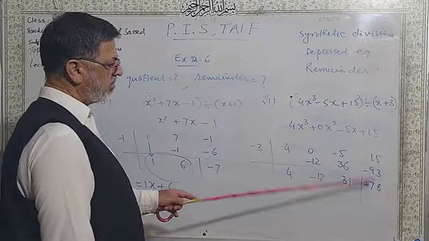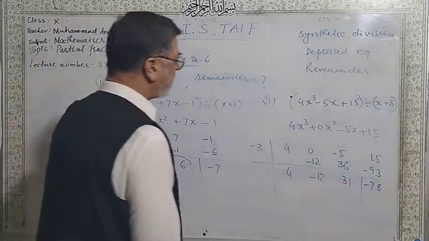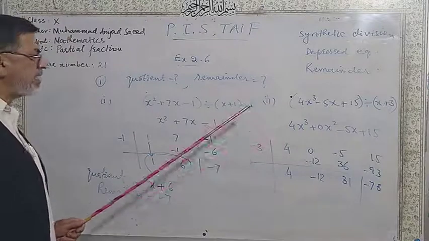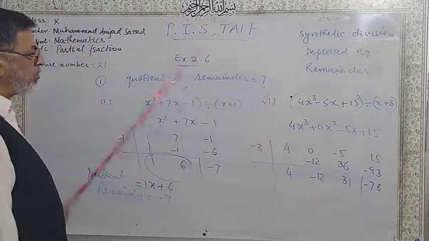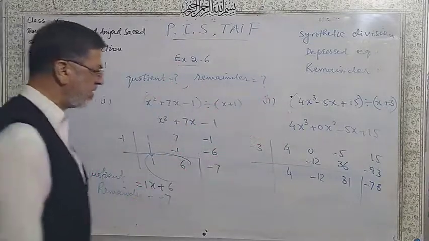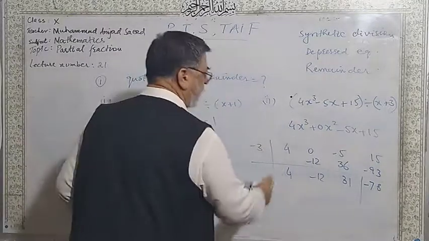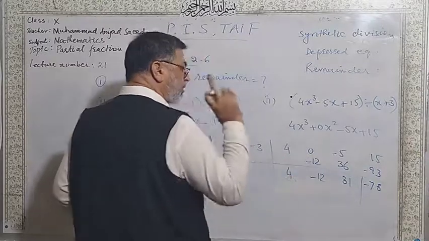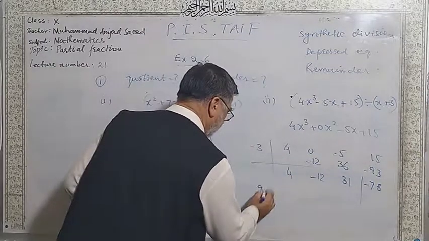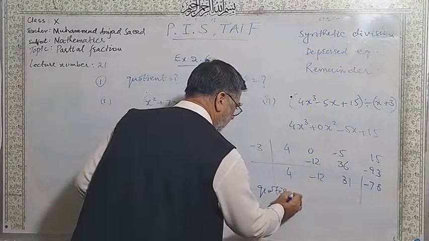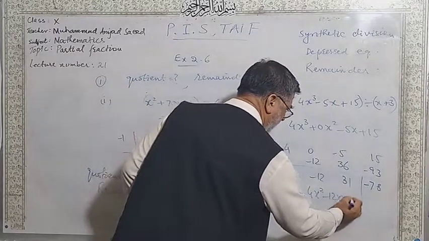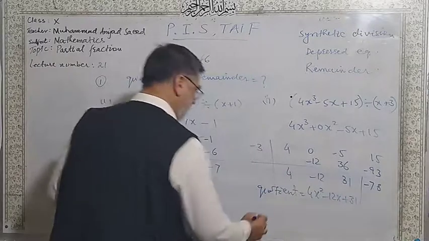So what is the depressed equation or quotient? Remember that I told you the depressed equation or quotient has 1 degree less. This is degree 3, so here it will be degree 2: 4x square minus 12x plus 31.